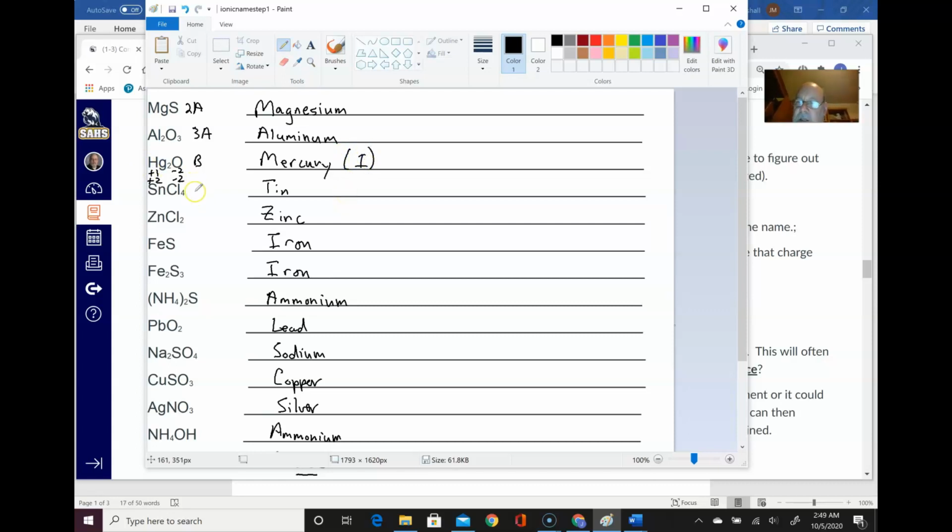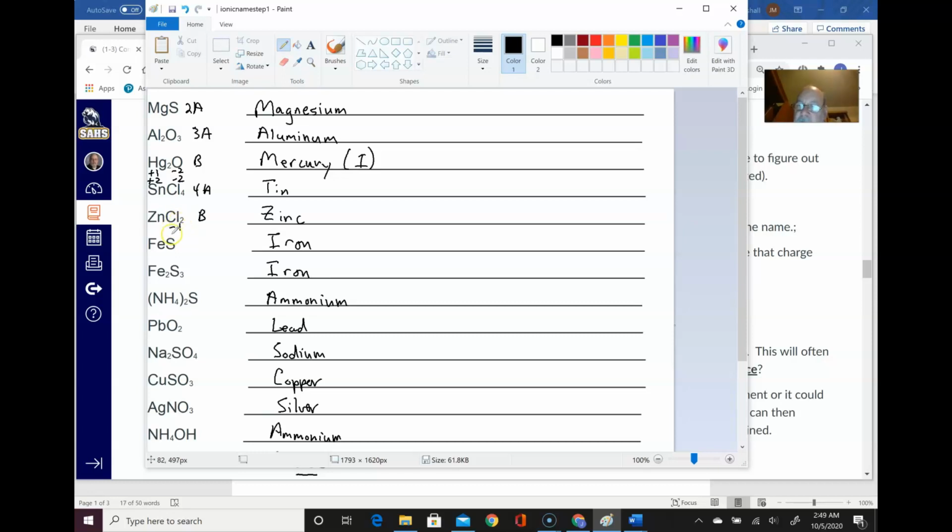Okay, tin is in 4A. Zinc, however, is in a B column, so I've got to figure out a Roman numeral for it. Again, the practice is to look at the charge on the anion. Chlorine's in column 7A, so its charge is -1.